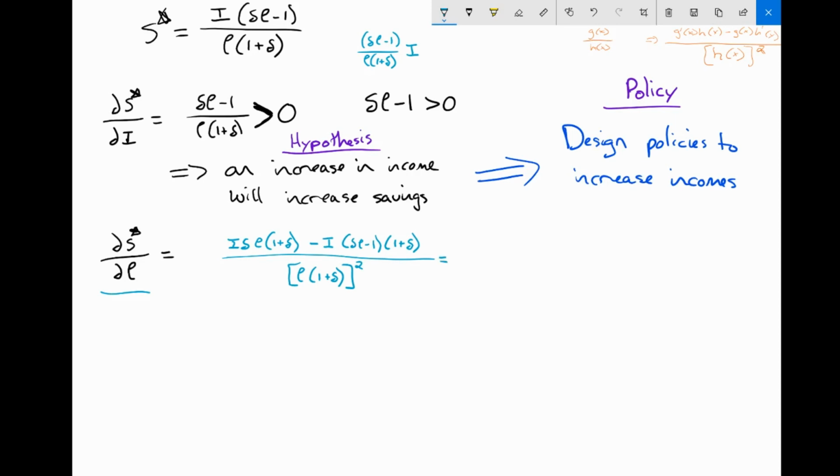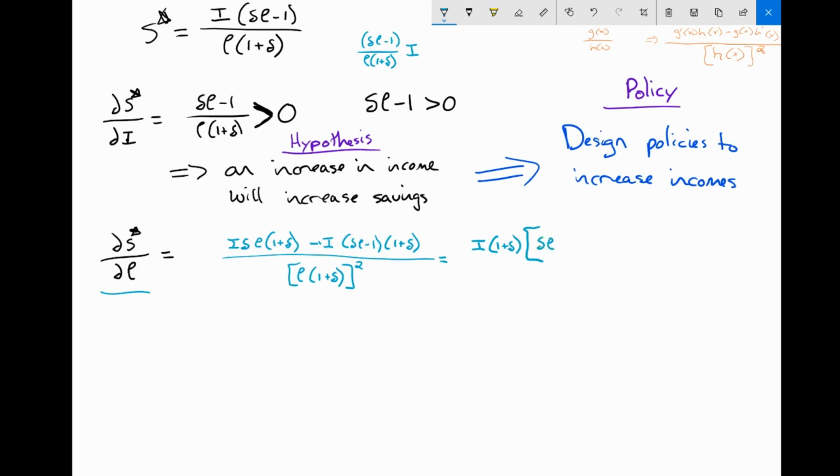To simplify it, I'm going to distribute everything, which is a little bit cumbersome. First thing I'm going to do is factor out the 1 plus delta. In fact, I'm going to factor out I times 1 plus delta because that is the same in both of these terms. So I'm going to do that first. I, 1 plus delta, and then everything else.